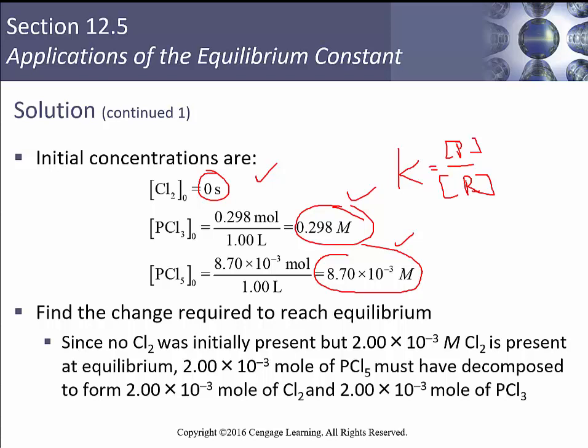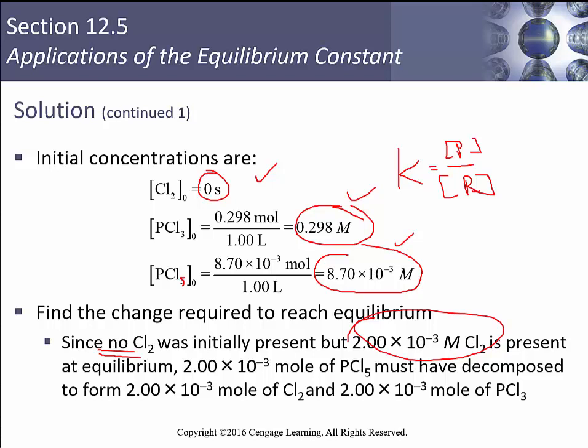Find the change required to reach equilibrium. Since no chlorine gas was initially present, but we did have some at equilibrium, we had to have gained some chlorine. And where would that chlorine have come from? Well, the only place it can really come from is from this decomposition of phosphorus pentachloride. So we're going to decompose some of our phosphorus pentachloride and make some more chlorine gas.